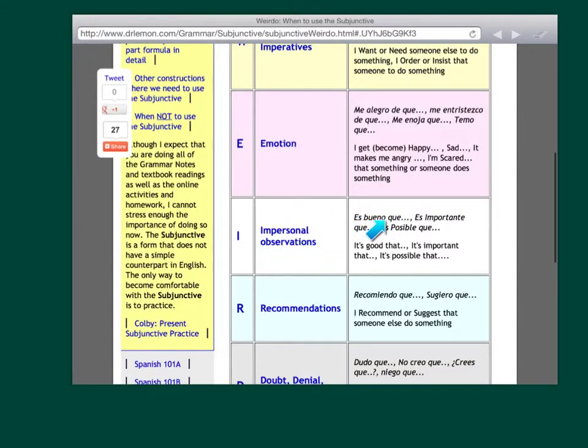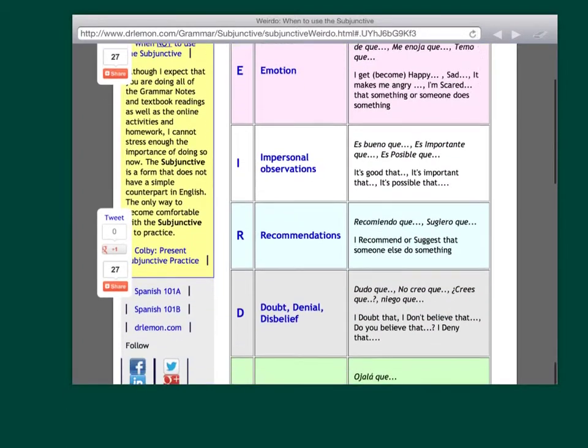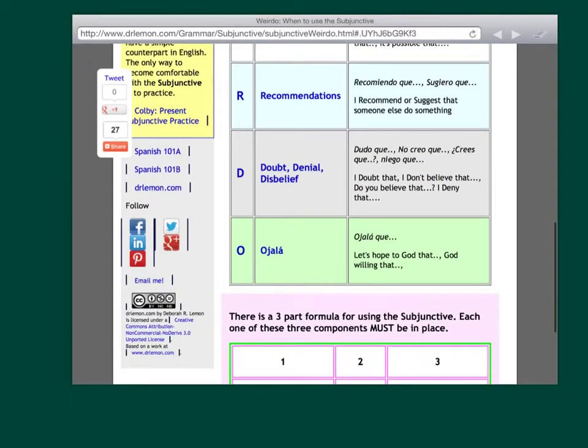In fact, a lot of them are in your vocab this chapter, such as bueno que, es importante que, es posible que, etc. Recommendations: recomiendo que, sugiero que, etc. Doubt: dudo que, no creo que, crees que, niego que, etc. And ojalá. Ojalá que is a very common phrase in Spanish. It literally means let's hope to God that, or God willing that. It's another way of saying I hope that.